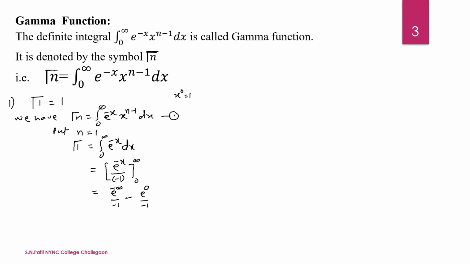We know e raised to infinity is infinity, and when we take the reciprocal, e raised to minus infinity is 1 upon infinity, which is 0. So the upper limit gives 0, minus, and with this minus sign, minus minus is plus, e raised to 0 is 1, and 1 upon 1 is 1. So we get gamma 1 is equal to 1.